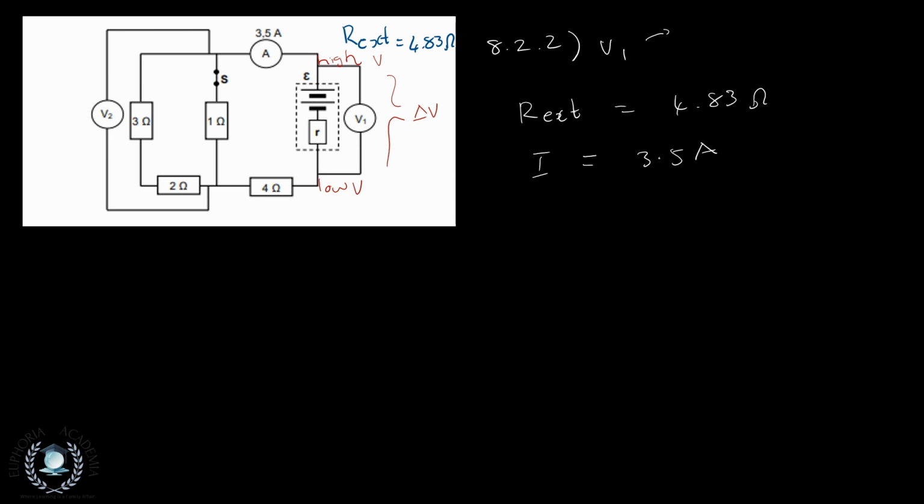We can just use Ohm's law: our voltage will be equal to our current multiplied by our resistance, so we substitute 3.5 multiplied by 4.83. My mistake, apologies, that is going to give us an answer of 16.91 volts.